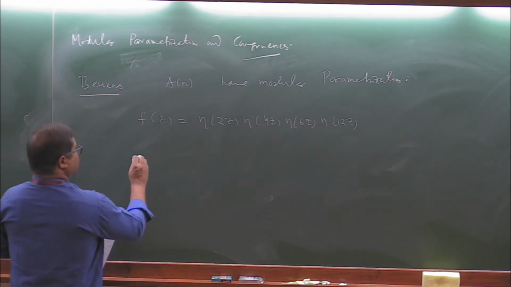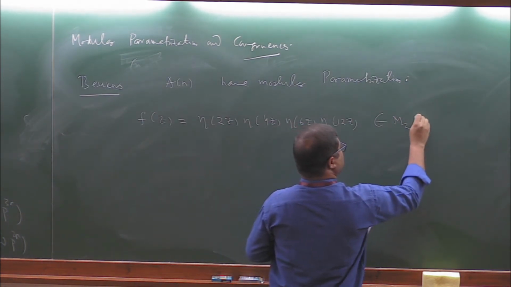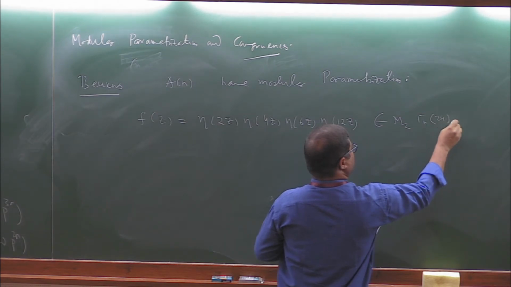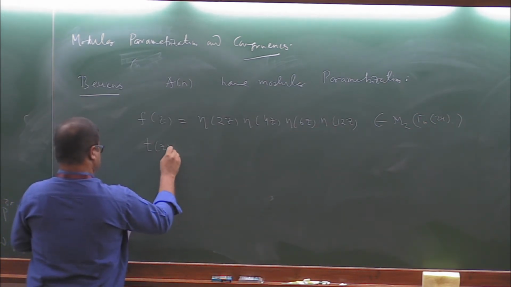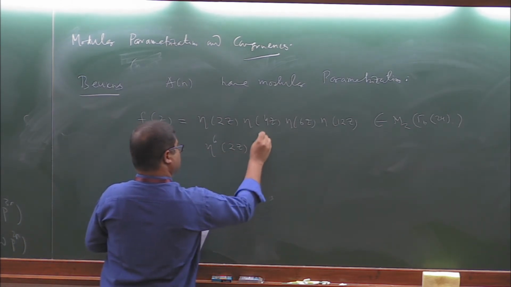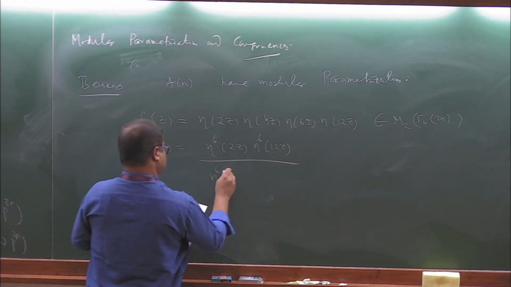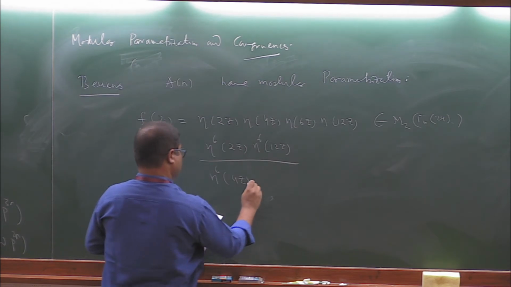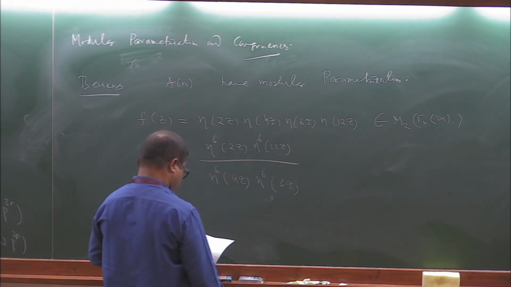And you take the modular function t(z), namely this eta quotient, eta(2z)^6 eta(12z)^6 over eta(4z)^6 eta(6z)^6. This is a modular function of weight 0.